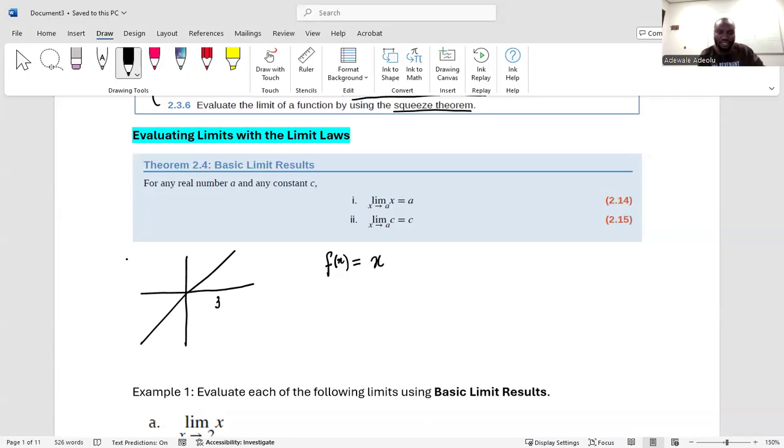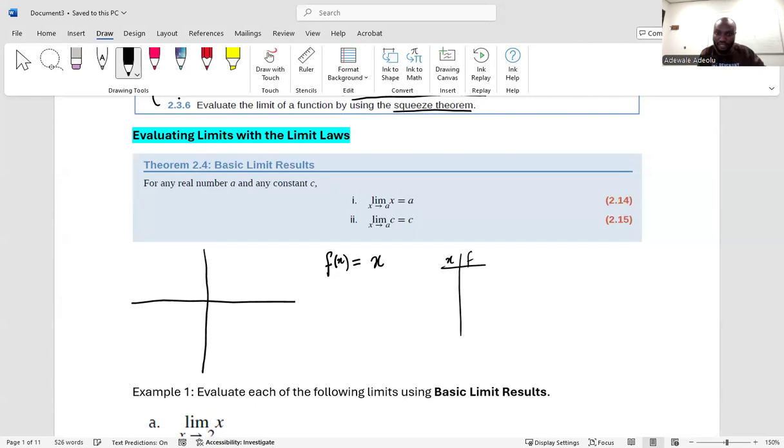Before I ask you about the limit, let us draw the graph. Maybe we should do it this way so that you can see it clearly. So if I have f of x equals x, I can make a table of values, x and f of x. If my x is -2, f of x is -2, since f of x is x, right?